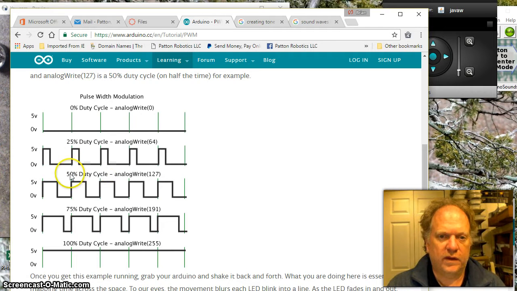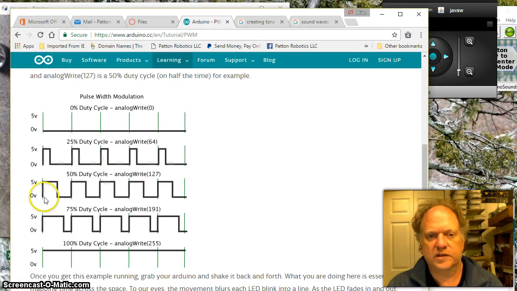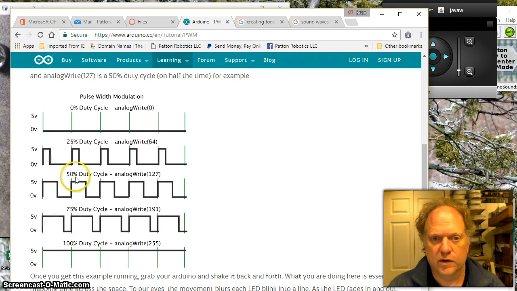Okay? 50% duty cycle at an analog write of 127 is the closest thing we're going to have to a nice tone because we have an even pulse on and pulse off in every 2 millisecond unit. And if I go 75% duty cycle, which is an analog write 191, you can see that 75% of that 2 millisecond section is actually going to be pulsed on.